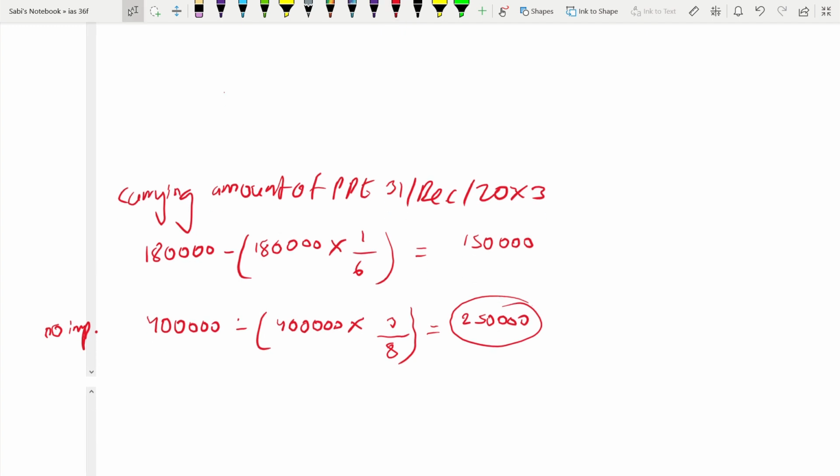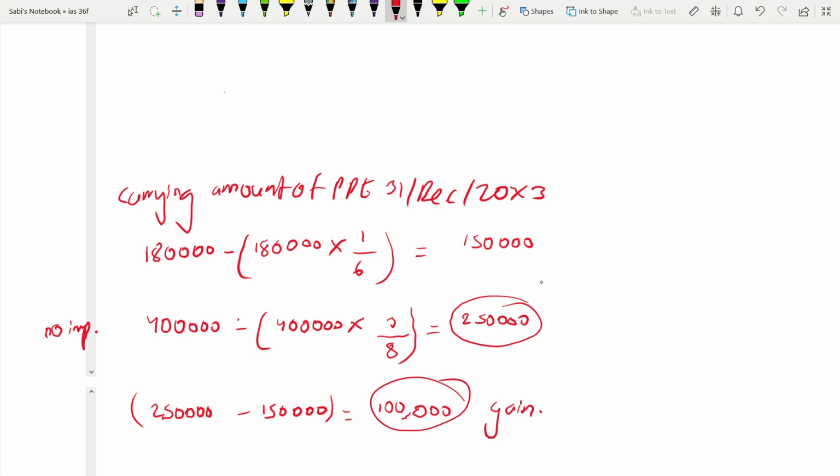That means the difference. So the reversal would be how much? 250,000 minus 150,000. Up to this much you can increase your PPE. Reversal would be 100,000. You write this as a gain in your P&L. Reversal is a gain.